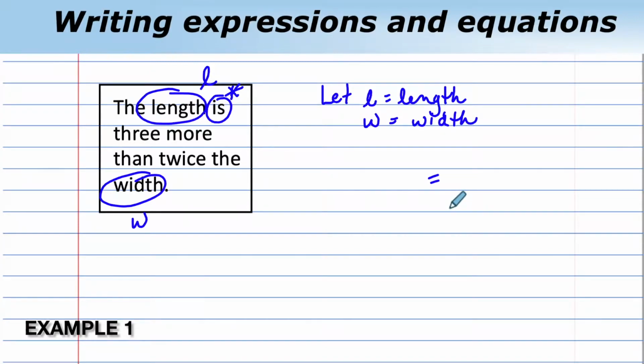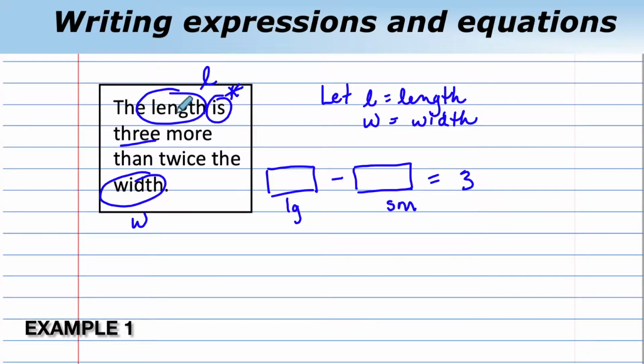Now the sentence says that the length is 3 more. So 3 more means we have some sort of a subtraction question where the larger number minus the smaller number is 3. Can we figure out what the larger number would be?